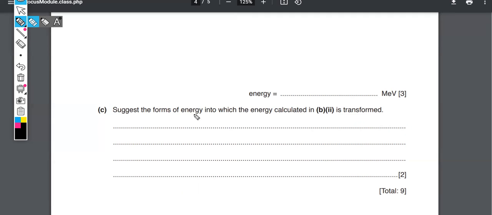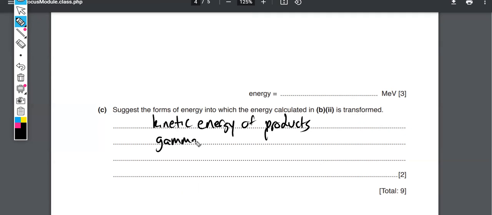So we can say the energy shows up as kinetic energy of products. And also some gamma photons, which is not really part of the reaction, but sometimes you'll see it in the reaction.